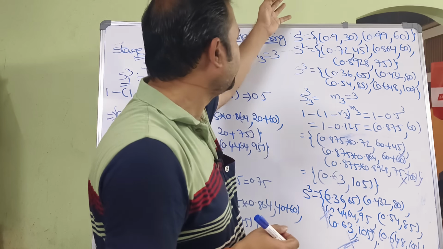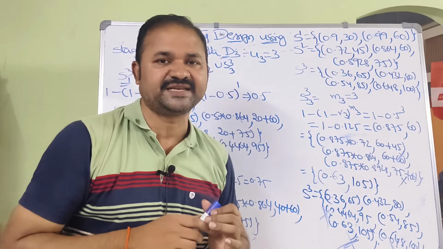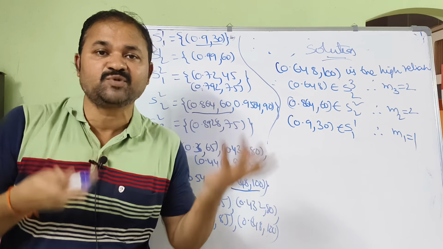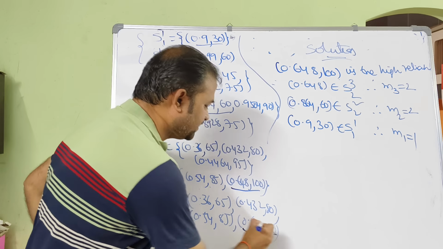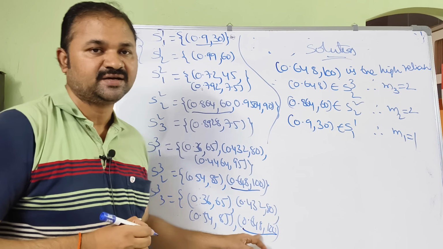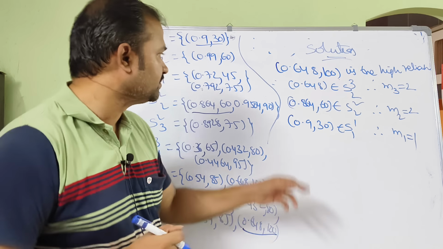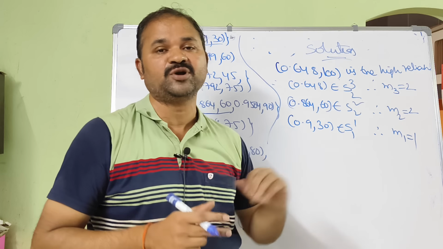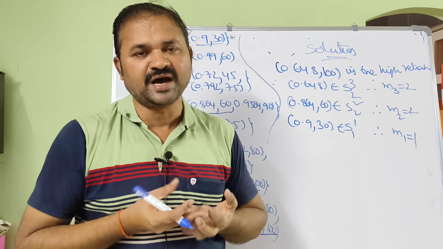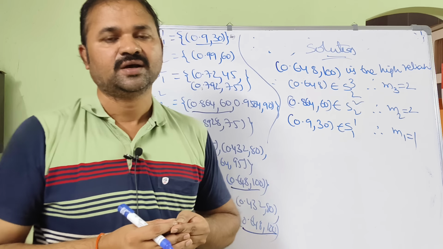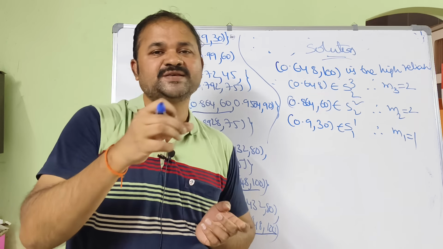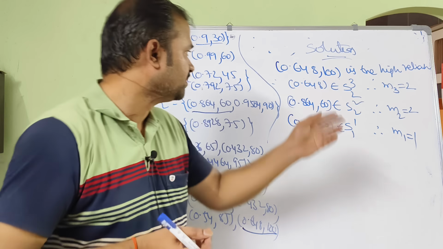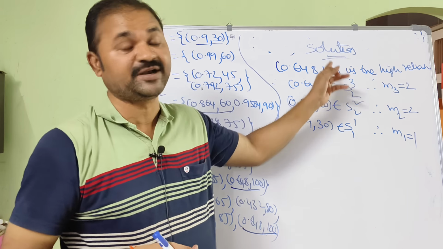So this is about the S power 1, S power 2, S power 3 data stage. So in S power 3, the highest reliability pair is this one, 0.648 comma 100. That is the high reliability pair. Now in order to trace the solution, that means how many copies of each device we have to purchase or maintain, we have to consider this high reliability pair.